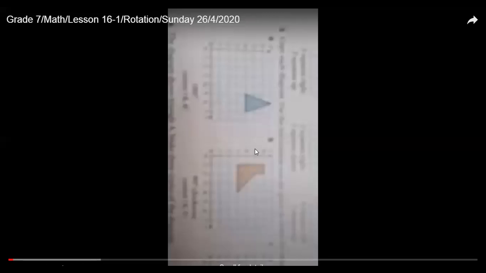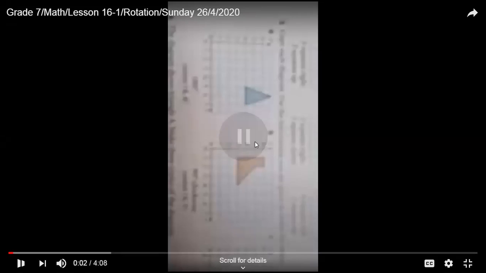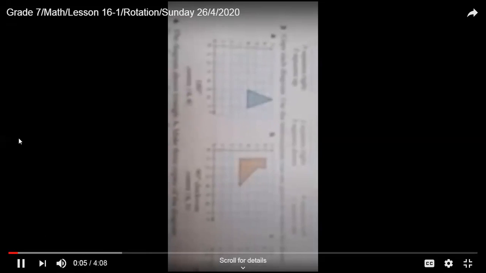Okay, I'm going to show you now how to do the rotation for any shape.